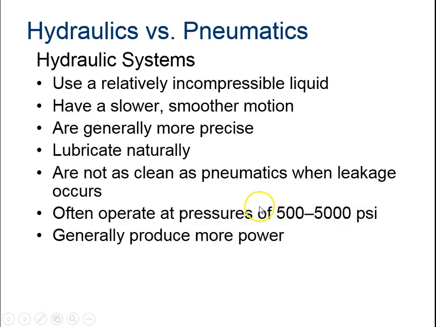However, because it is a liquid and not a gas, if we do have a leak, you're going to have some cleanup. A hydraulic fluid leak will cause dripping and pooling of the fluid. However, it is naturally lubricated as compared to pneumatics with gases, where you have to add some extra kind of lubricant.